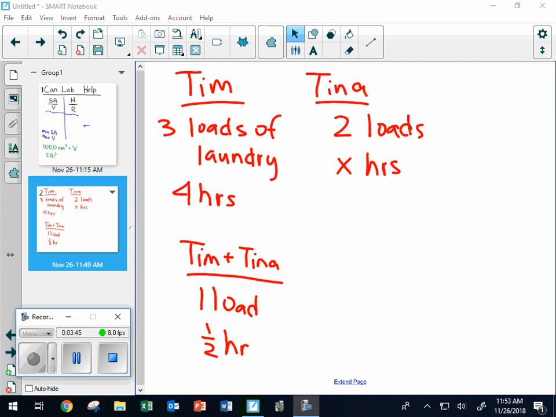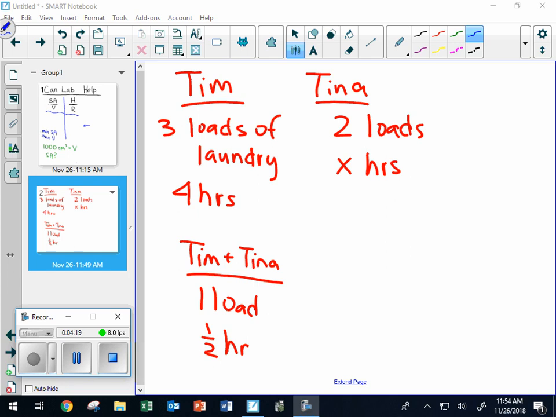Now that we've gotten a little bit of time, could I have row 3, person 2, tell me how you set up this problem? Okay, so the first thing you did was loads per hour, which is basically just setting it up with the rates.